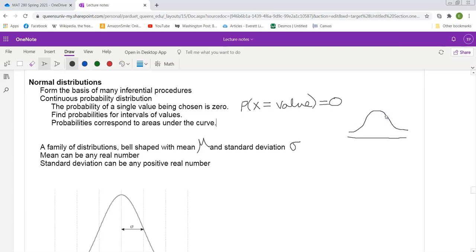The probability between this value and this value is the proportion of the area under that curve between those two values.